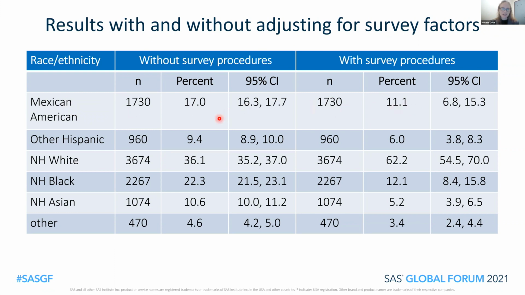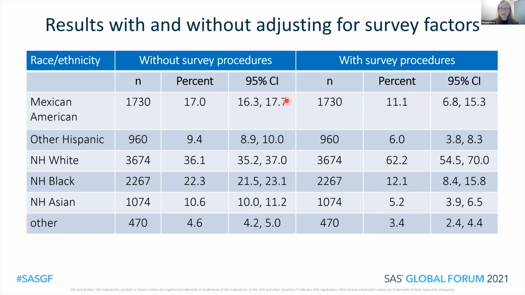And this is because NHANES slightly overestimates Mexican Americans in its sample, so if we just look at the sample, we get a larger percentage of Mexican Americans. However, if we want to estimate the percentage in the United States, it's closer to 11.1.